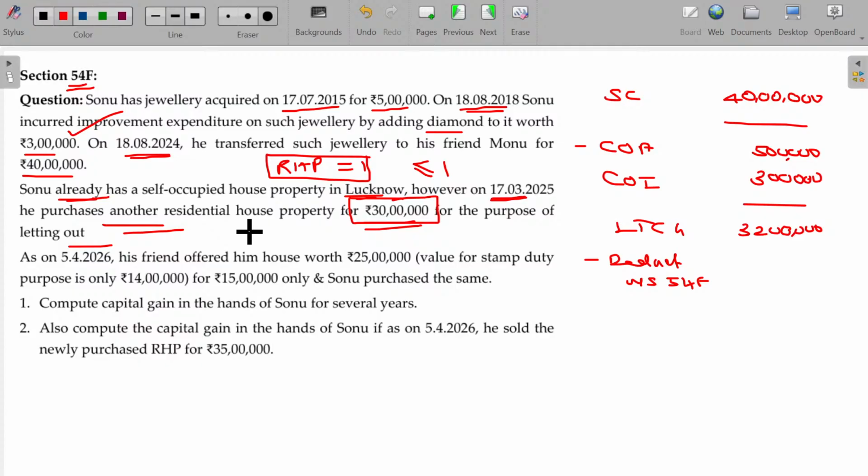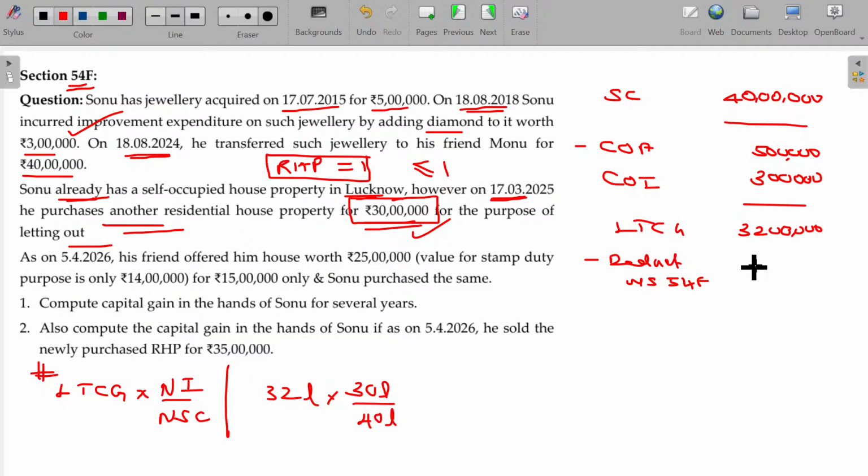Now, what's the formula? Long-term capital gain multiplied by net investment made out of net sale consideration. Long-term capital gain being 32 lakhs. Net investment done in this case is 30 lakhs. Net sale consideration being 40 lakhs.